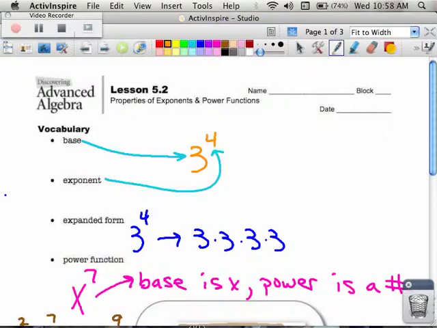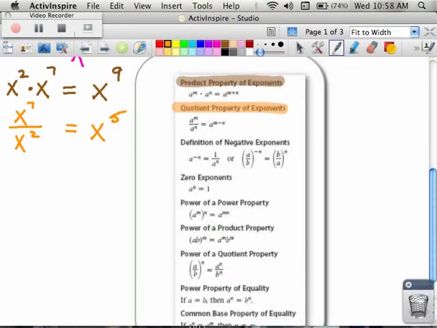On this next one, I'm going to show you two examples. It's the negative exponent property. The first example is, what if you have something like x to the negative 4 power? That's the same as 1 over x to the 4th.